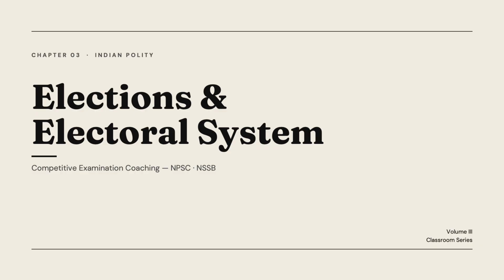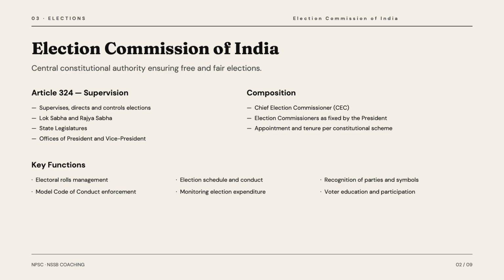We have the Chief Election Commissioner, CEC, we have election commissioners as fixed by the president, we have the appointment and tenure job per constitutional scheme. So every Election Commission of India will have Chief Election Commissioner. Okay, and then the number of election commissioners as fixed by the president, let's say it's 3 or 4.